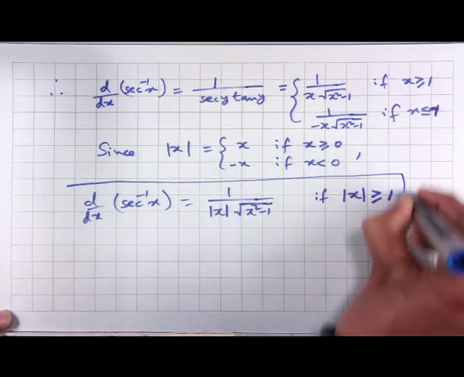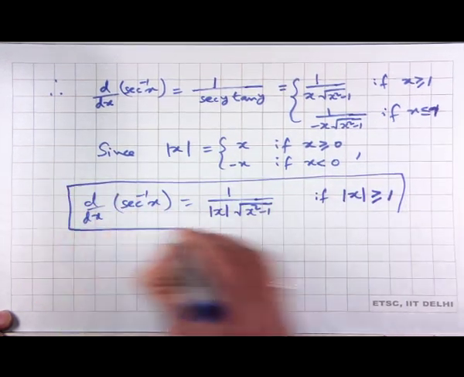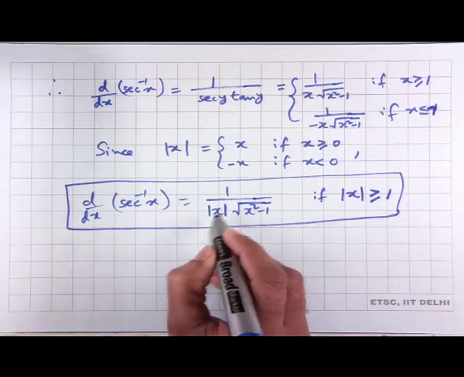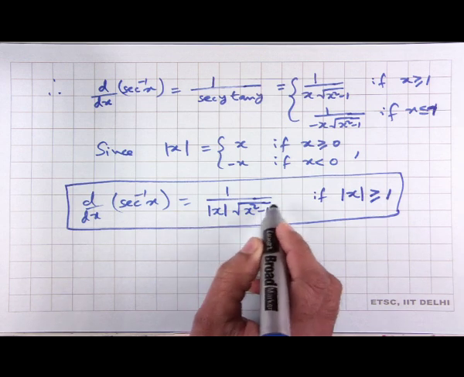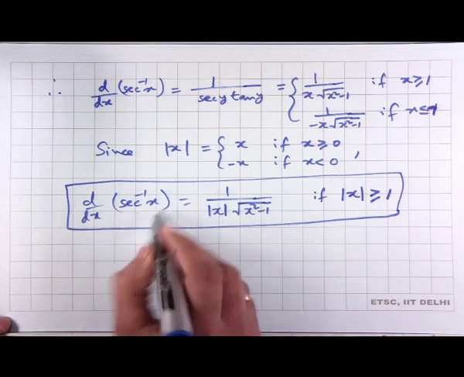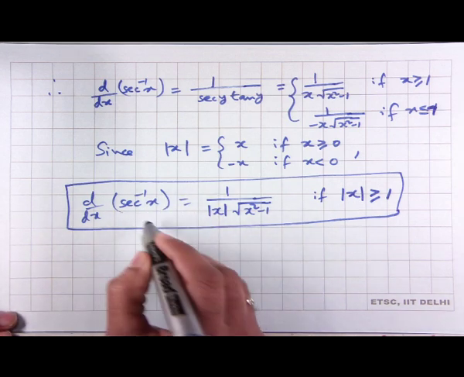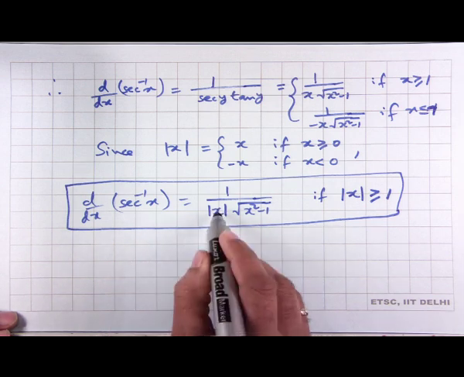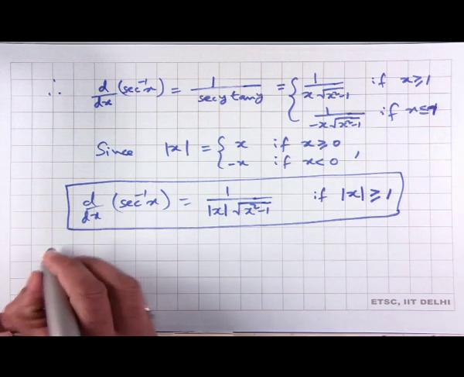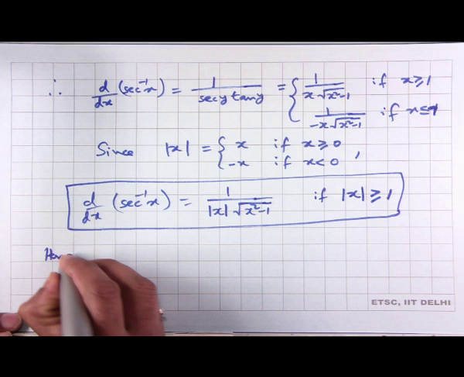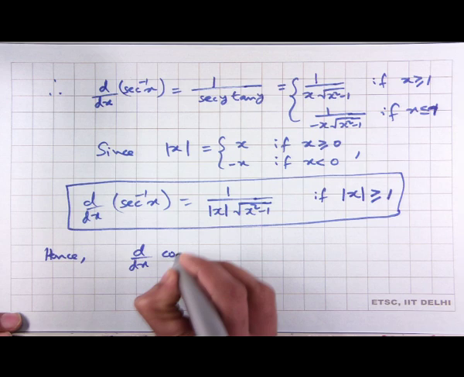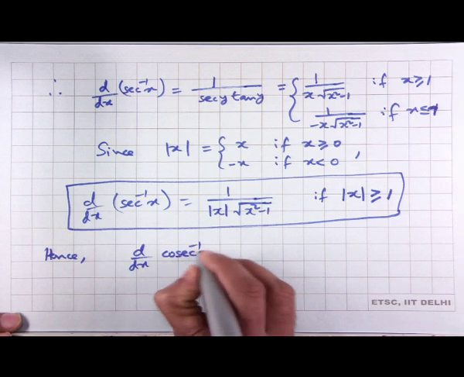So, this is the formula for the derivative of secant inverse x. You should remember that here we have 1 over mod x times square root of x square minus 1. If x is negative, less than or equal to minus 1, then the derivative will be negative, and hence we also get the derivative of cosecant inverse x.